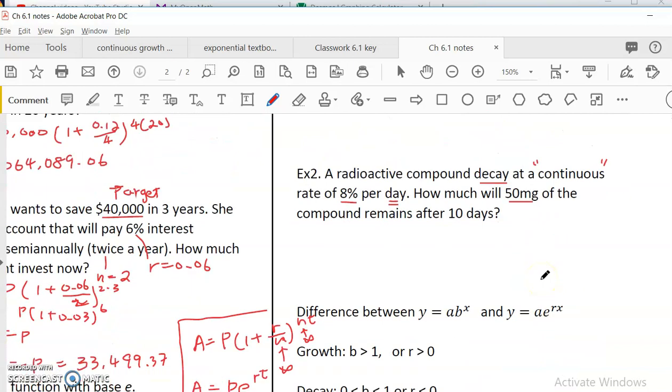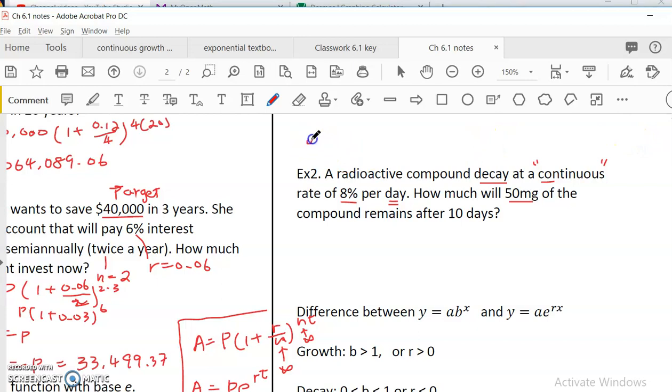Example 2 is continuous decay, which is used to model radioactive decay. This radioactive element decreases 8% per day, but continuously, not just per year or per day. That is different from 8% per day. 8% per day would be b equal to 0.92, right?